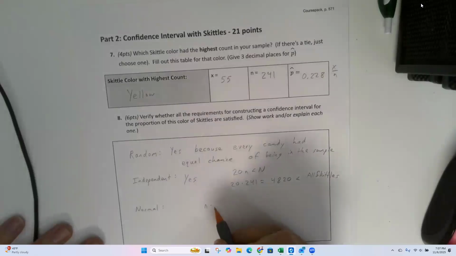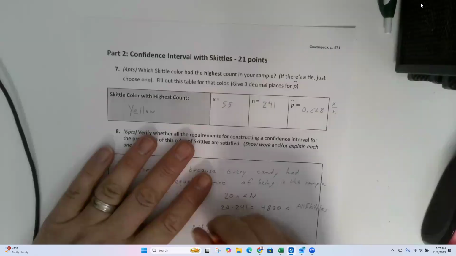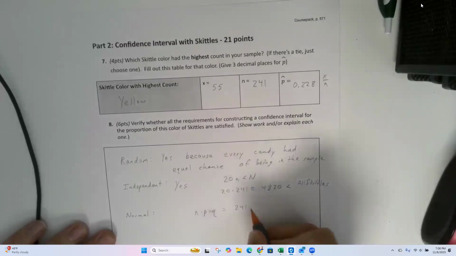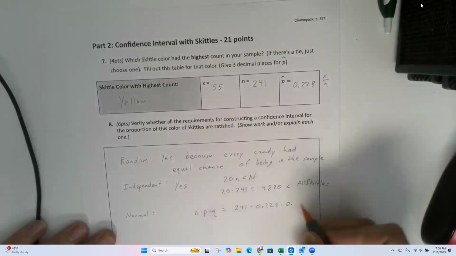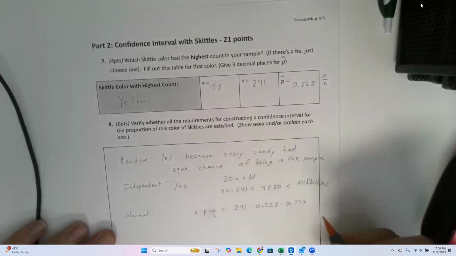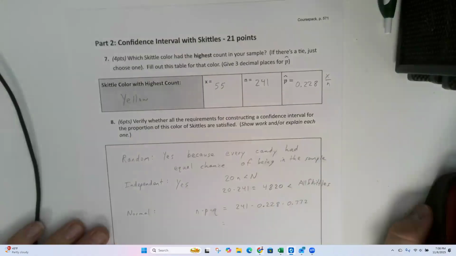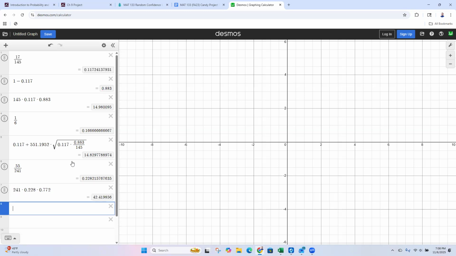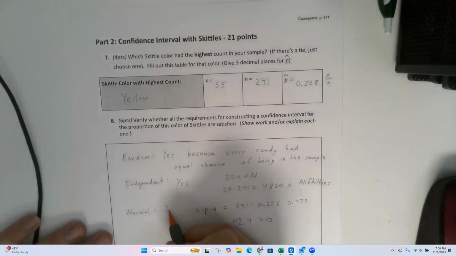Lastly, you need to check n times p times q. n is 241, p is 0.228, q is 0.772. 241 times 0.228 times 0.772 is 42.4, and that is bigger than 10. So yes.